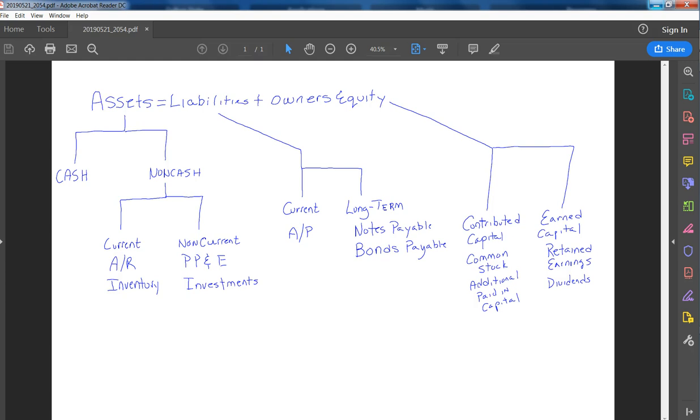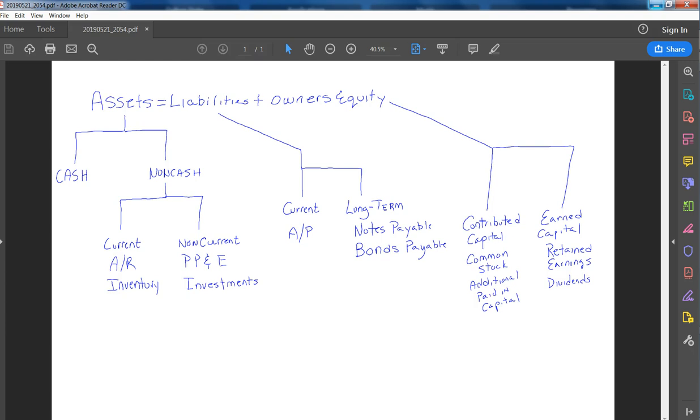So things like accounts receivable and inventory are items that you expect to turn over several times during the course of a year, and so those are current assets. Non-current assets are things like property, plant, and equipment, and then your longer-term investments.